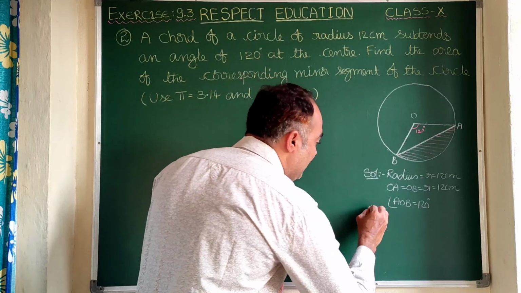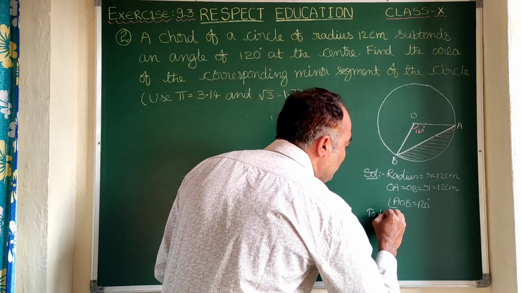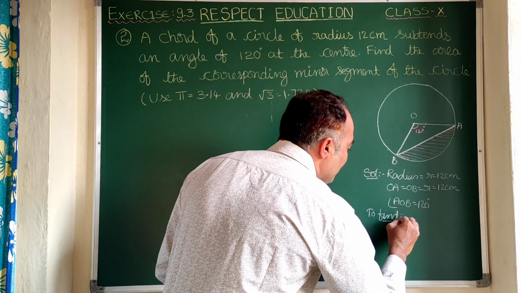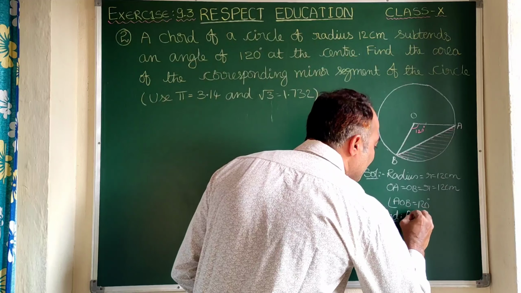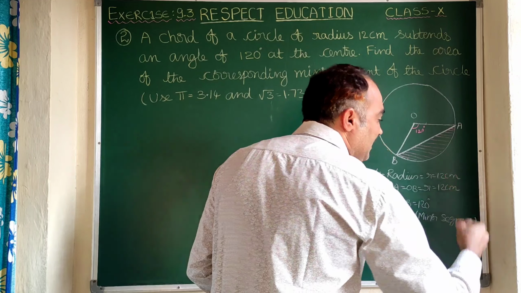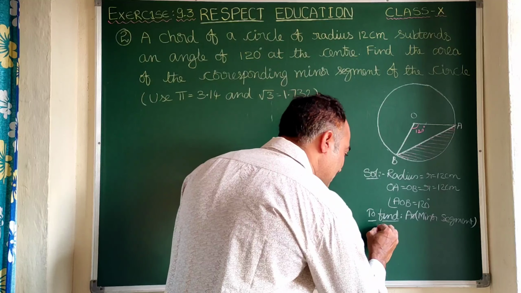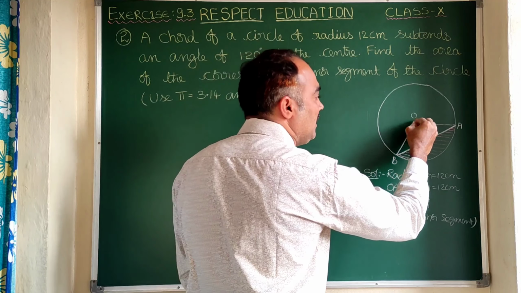Now what is to be found? We are asked to find the area of the minor segment. Area of minor segment is nothing but, observe carefully, OAB is in fact a sector.